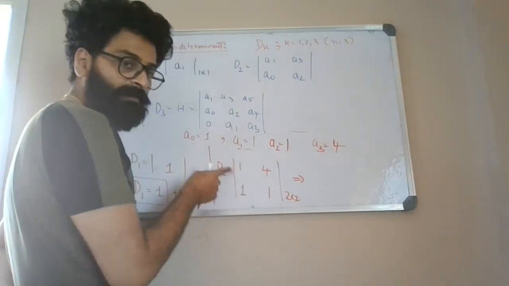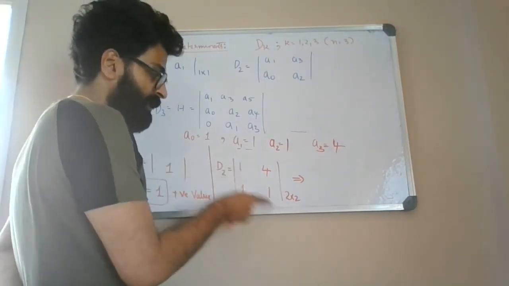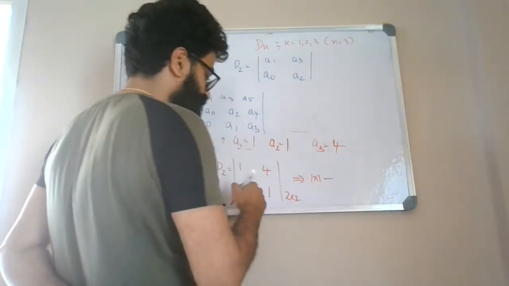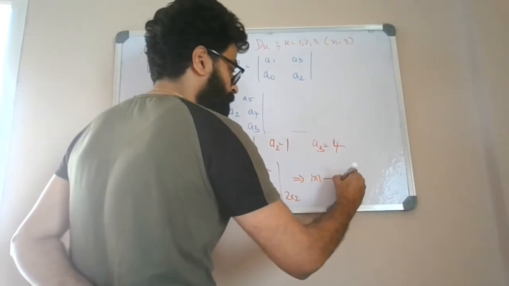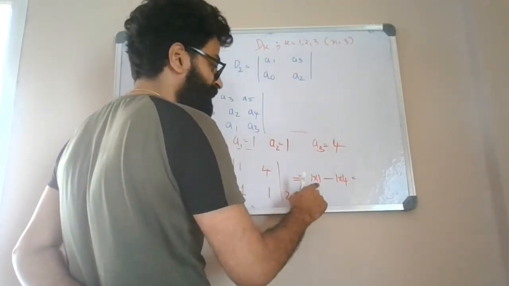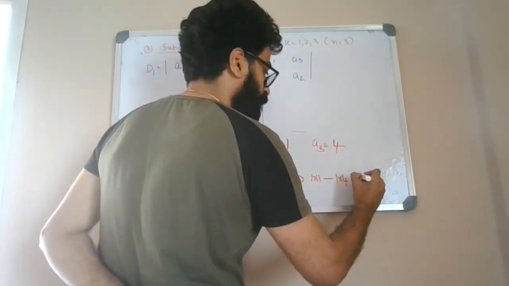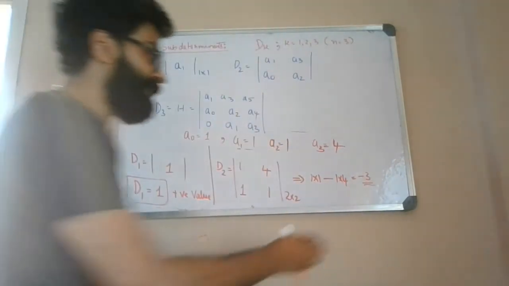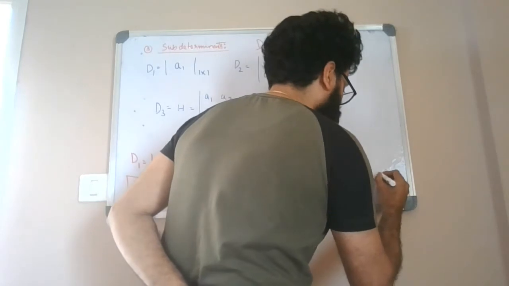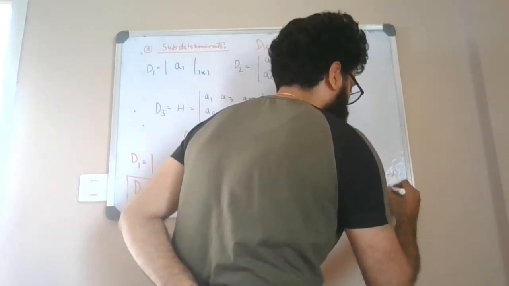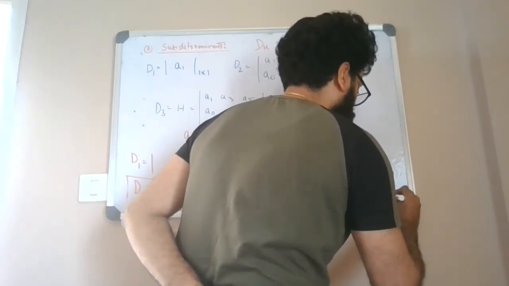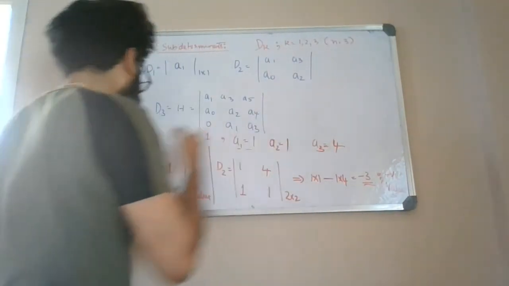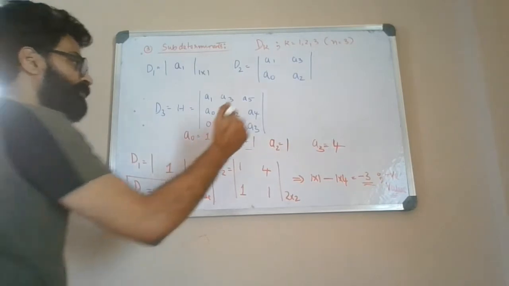By cross multiplication, principal diagonal 1 into 1 minus 1 into 4. So basically it is 1 minus 4, and you get the value of the determinant as minus 3. So it has a negative sign, so you can write negative value. So D1 you have evaluated, D2 you have evaluated.